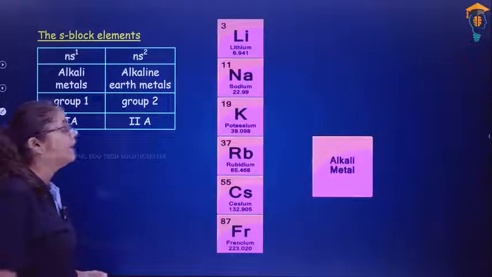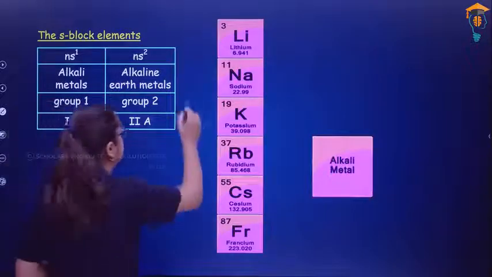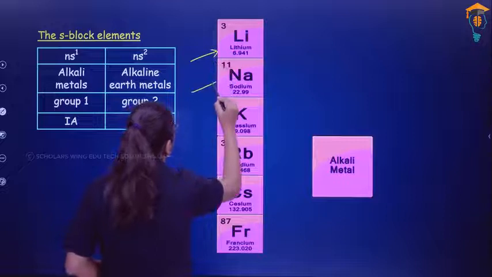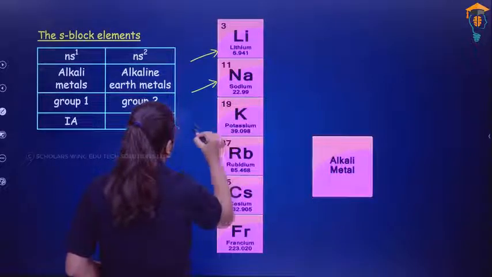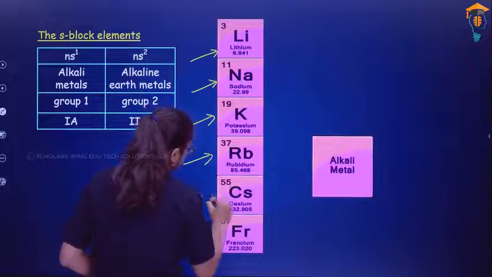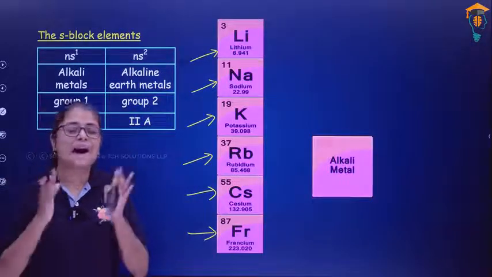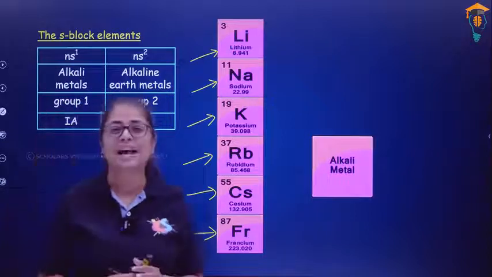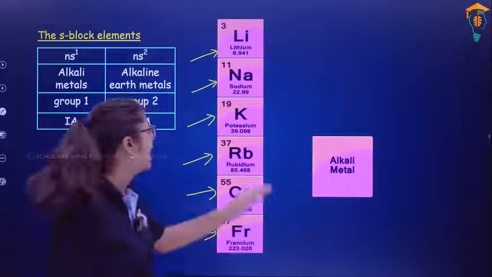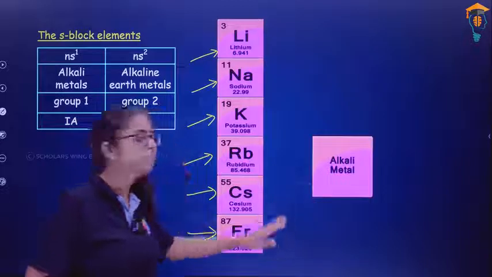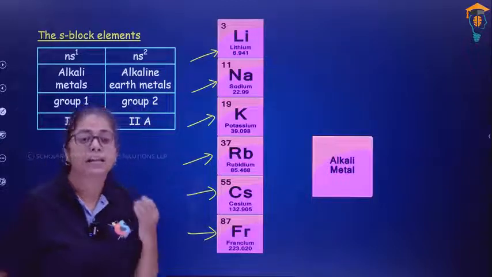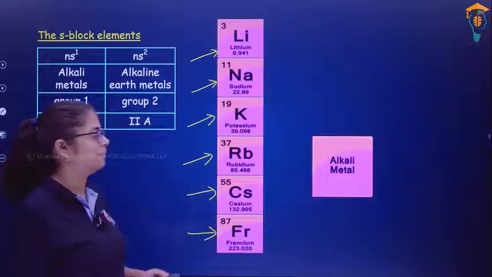In alkali metals we have lithium, sodium, potassium, rubidium, cesium and francium, and all of them are metals. Okay, that is why the name given is alkali metals.